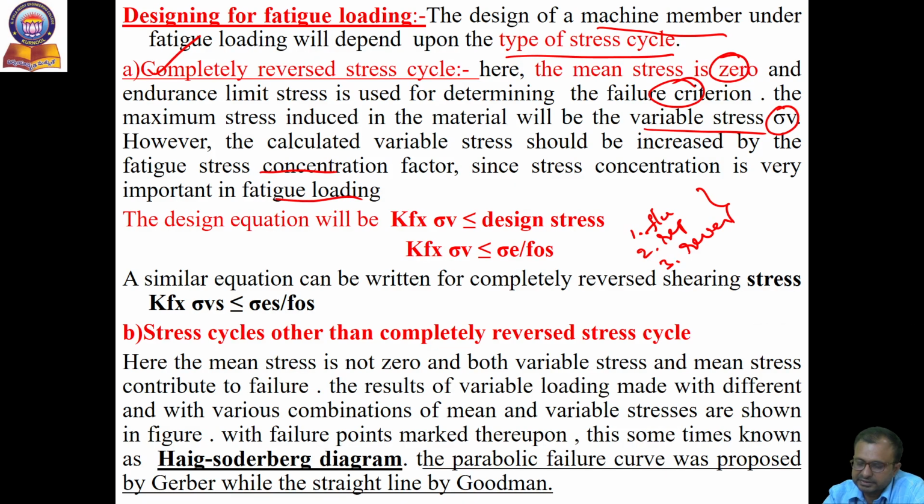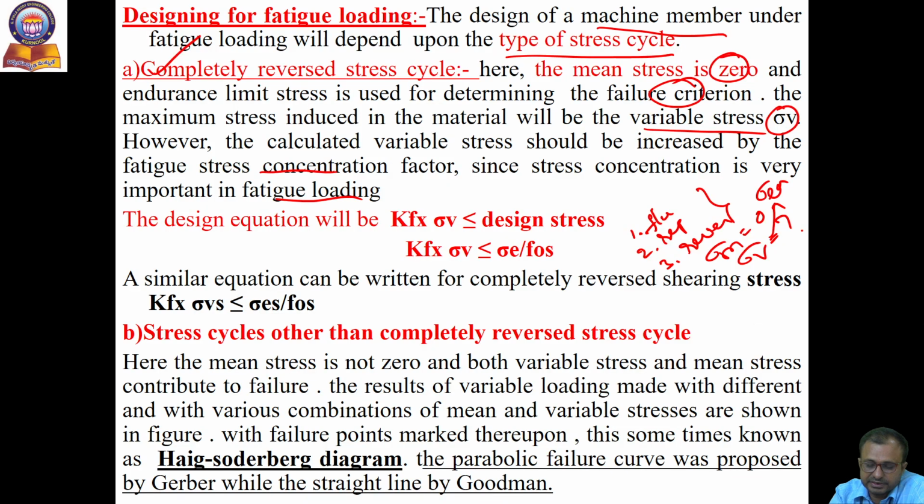In the completely reversed stress cycle, the mean stress is 0 and only variable stress contributes to failure. For the variable stress, the criterion of failure is the endurance limit.